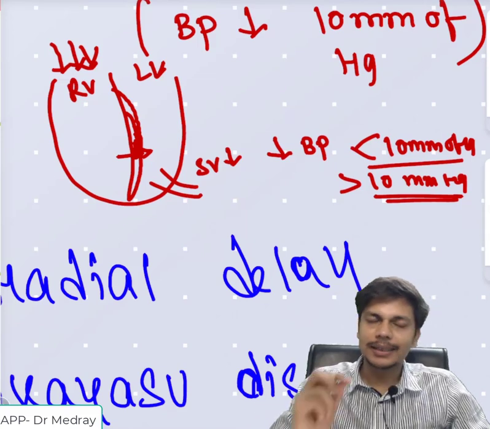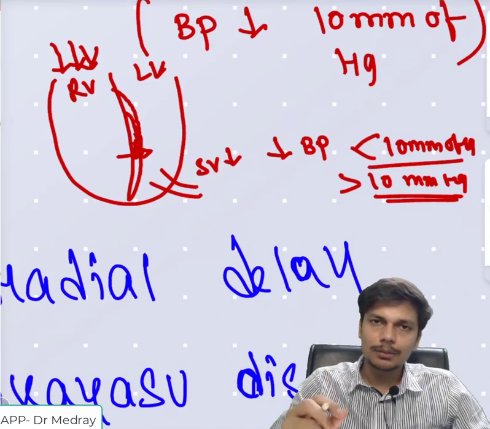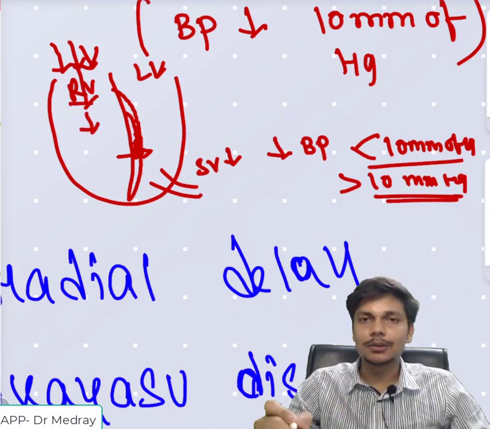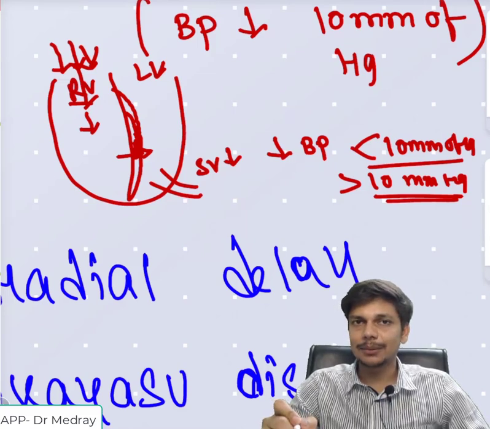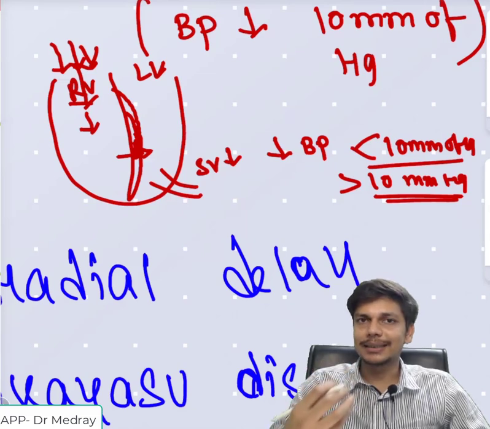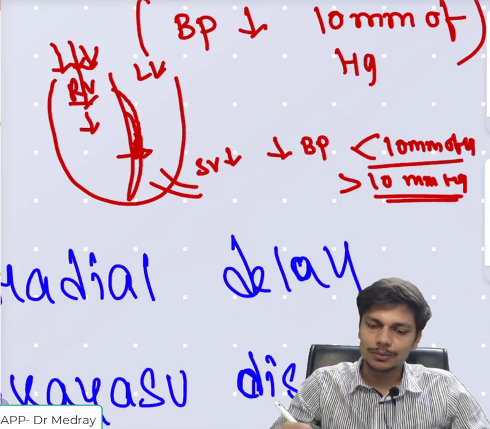First you understand the normal phenomenon. Normally, during inspiration, the right ventricular filling is more, because the negative intrathoracic pressure increases, which causes more venous return, and right ventricular filling is more.